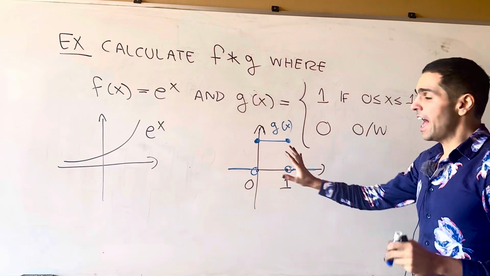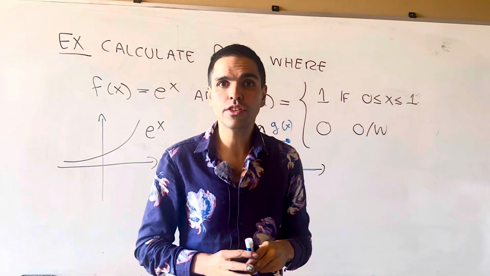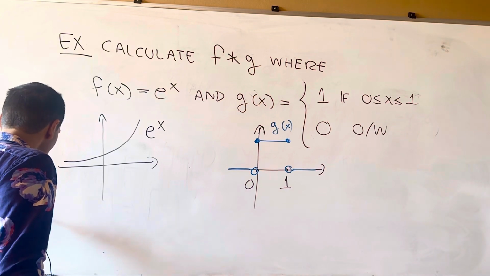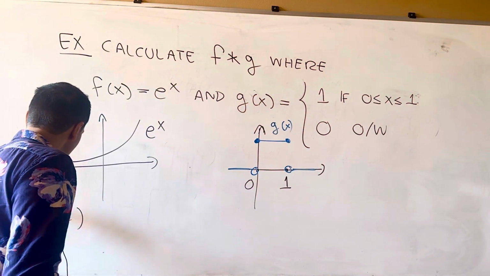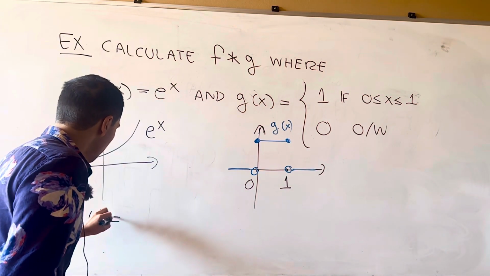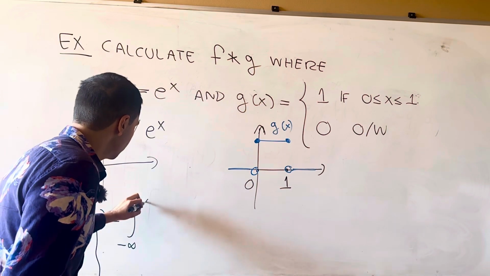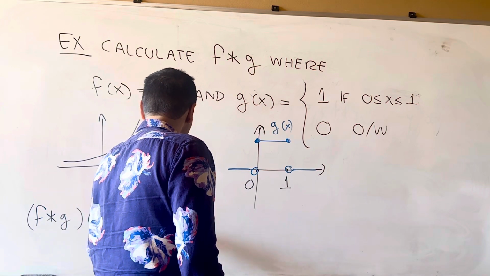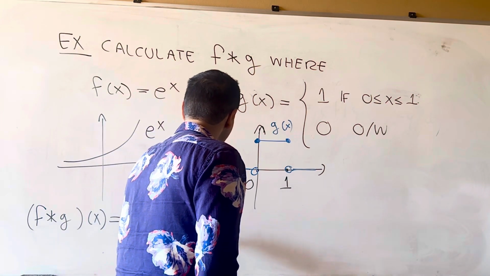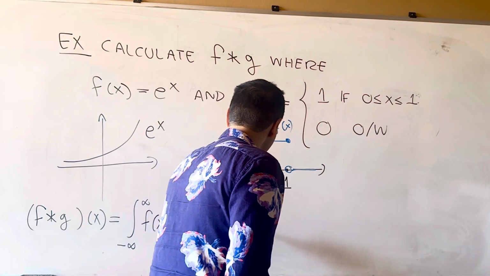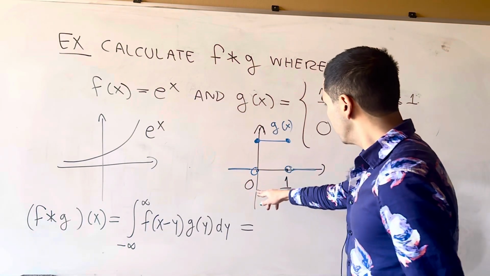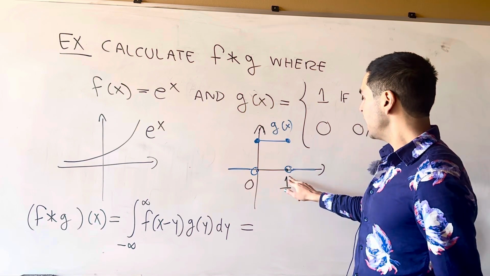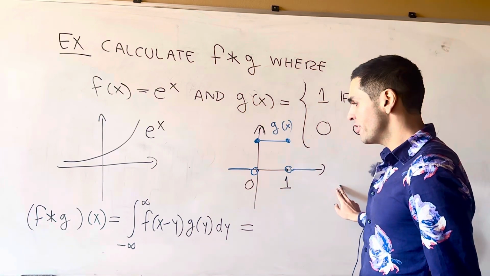And let's see what happens if we multiply the two, once again, in the convolution sense. So f star g of x is the integral from minus infinity to infinity. Here, it's easier to use f of x minus y, g of y dy. But notice now, g is 0 if y is negative and if y is bigger than 1.